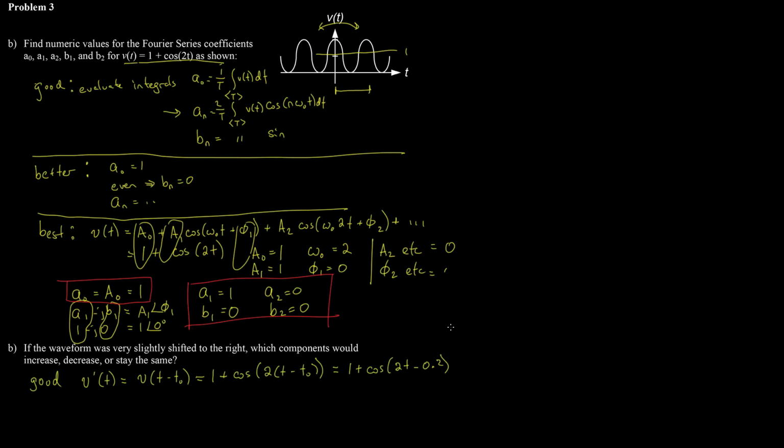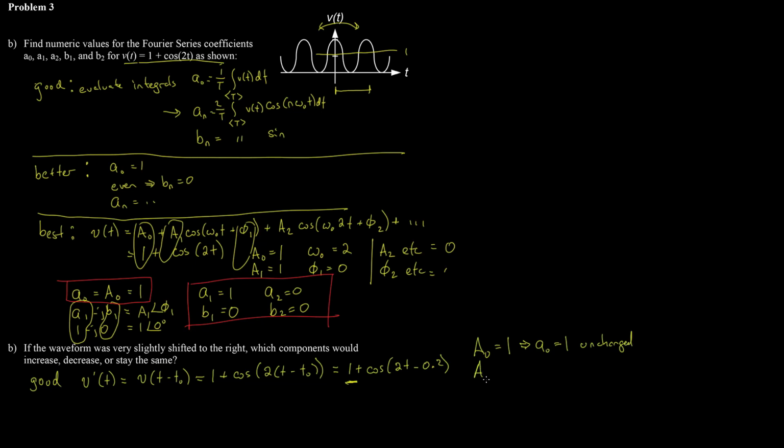So using the best way up here, we can see that our a naught, for this, is still this value here. It's unchanged. And because of that, our little a naught is always the same as our big A naught, and that's unchanged.